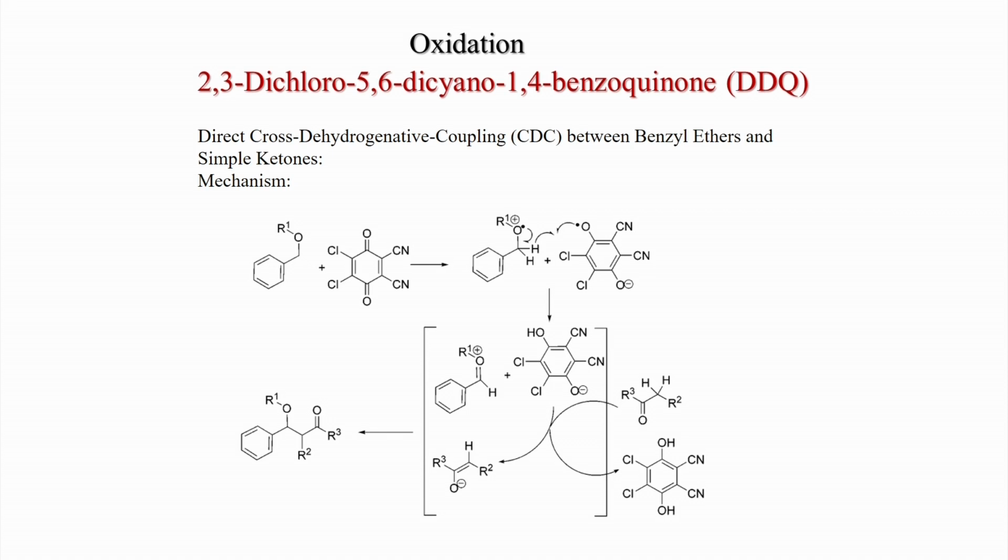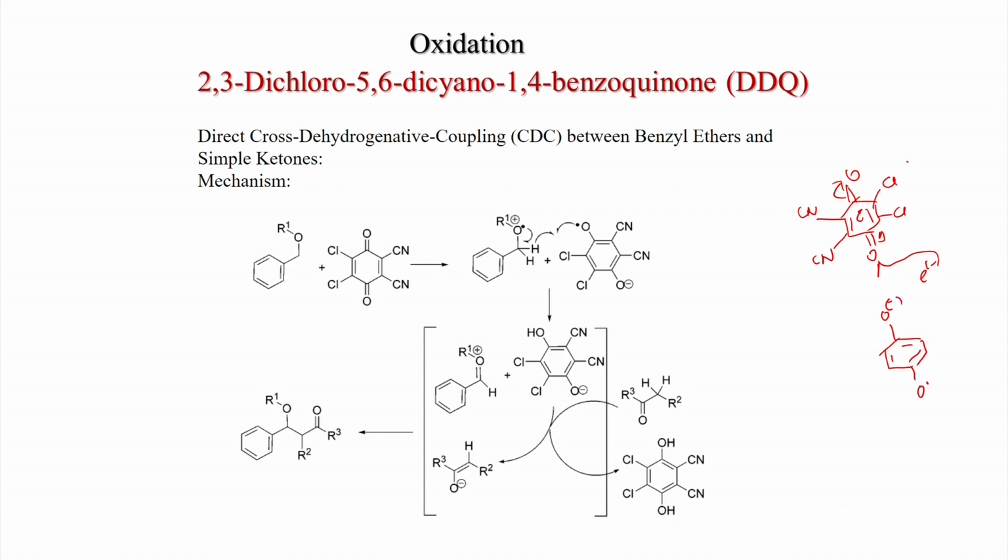In the benzylic ether, this oxygen has a lone pair, and we can think that first one electron goes from the oxygen lone pair to this DDQ, and you get a radical here, because if you see this structure, and the electron, if it comes here, then single electron, then a radical will form here, O radical and O minus here. So, this will be radical.